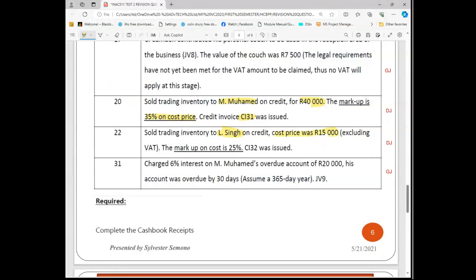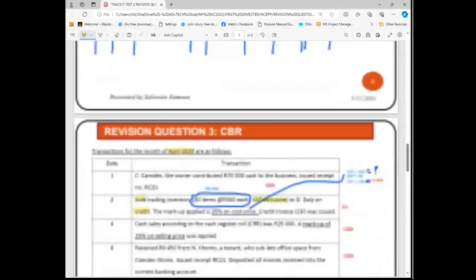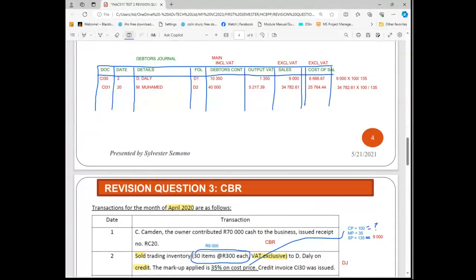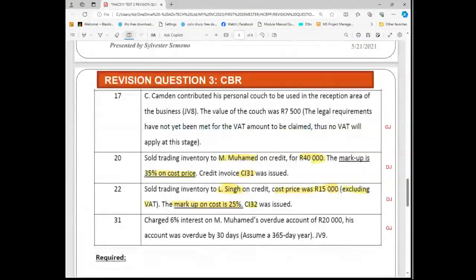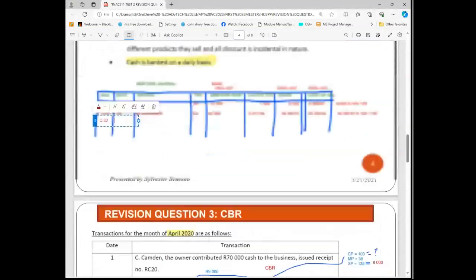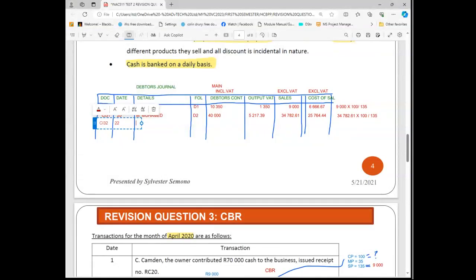Cost price and markup on cost. Okay, on the 22nd, CI 32. Folio D3.